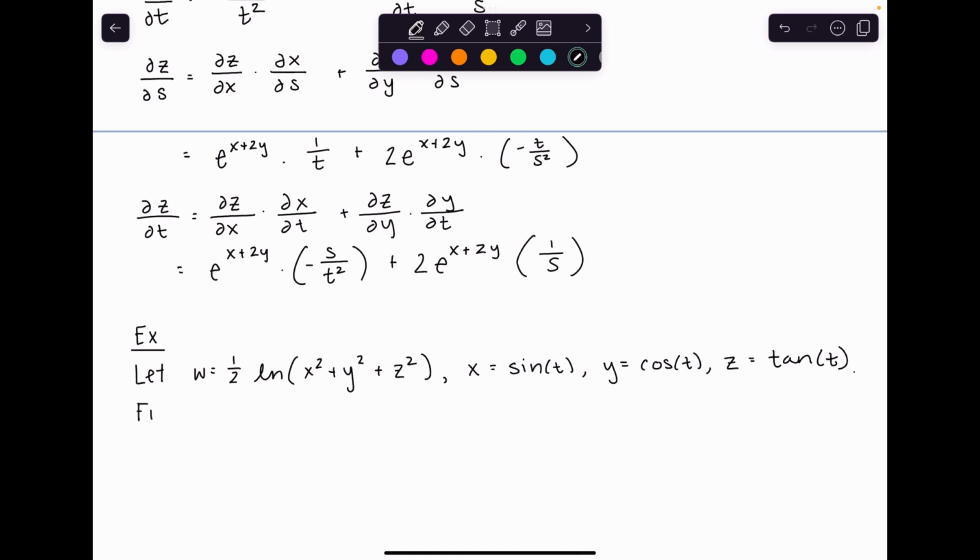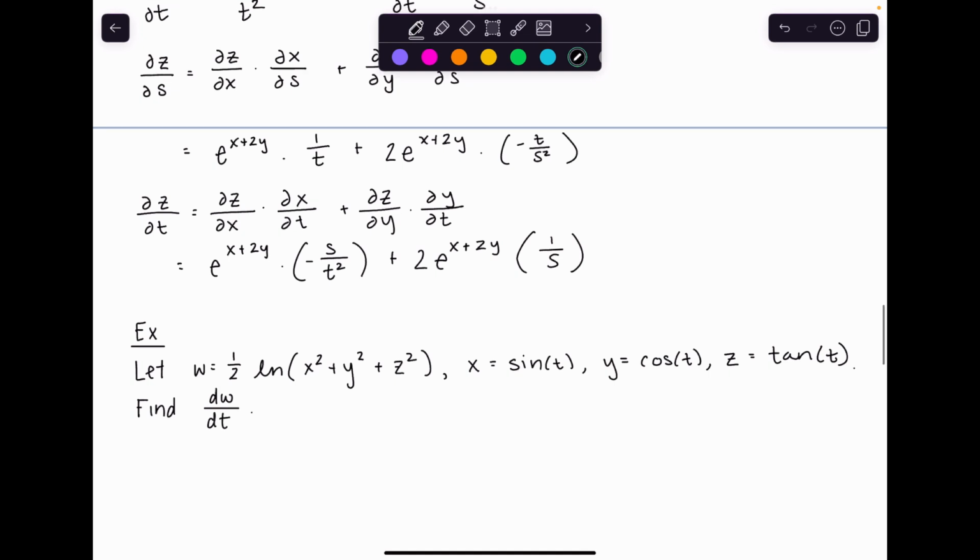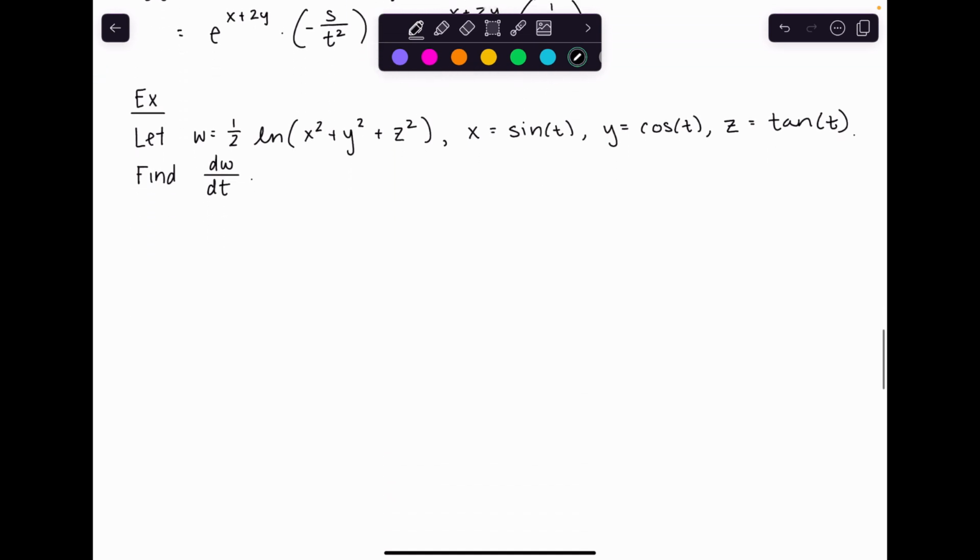Based on this, we want to find the derivative of w with respect to t. So starting with my tree diagram, w is going to be my highest variable, and it has dependency upon x, y, and z. So that's what our first function tells us.